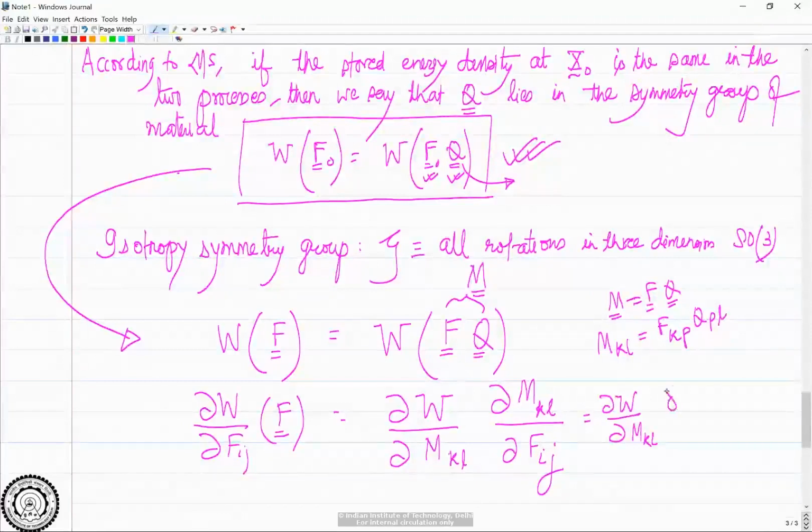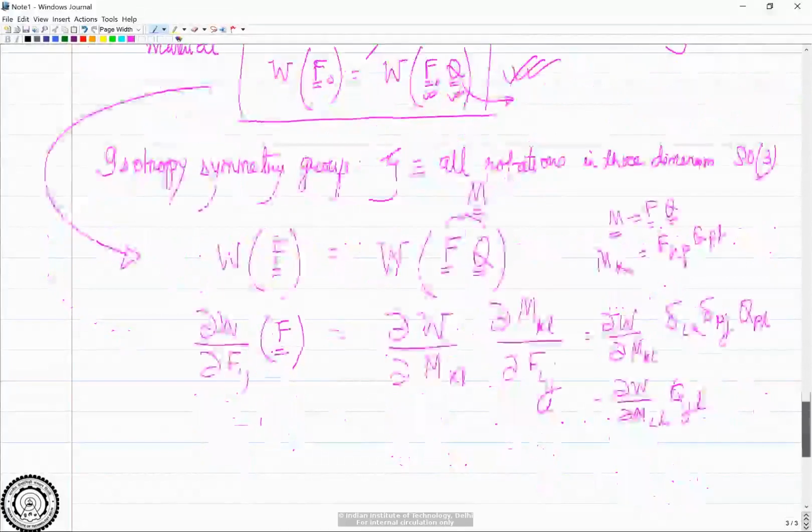So that's delta_ik into delta_pj into Q_pl, which is del W over del M_kl. So k becomes i, so it is il, and then p becomes j, so it is Q_jl. Are you with me?